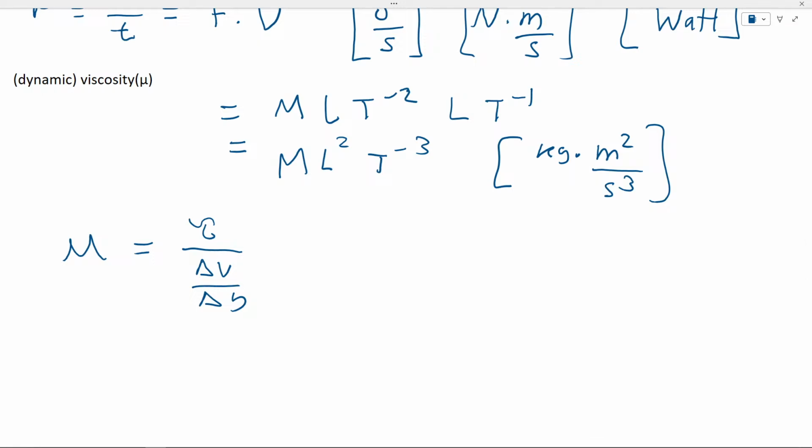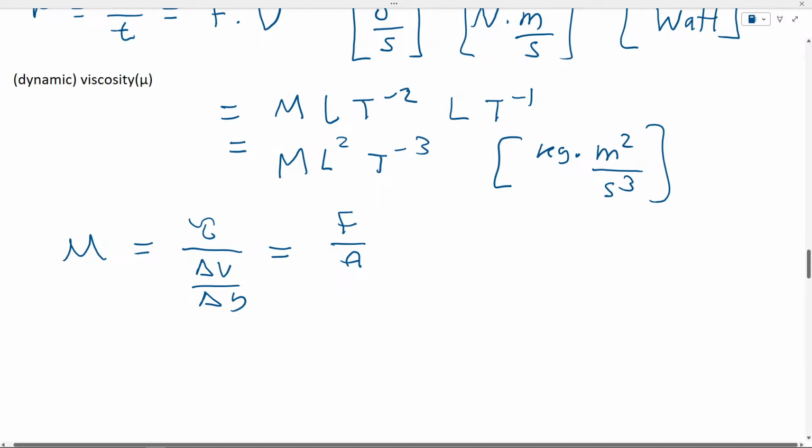So again, what is the shear stress? The shear stress is similar to pressure, it's force over area. So here we have force over area, and this one is velocity, delta V over delta Y, which is a distance.